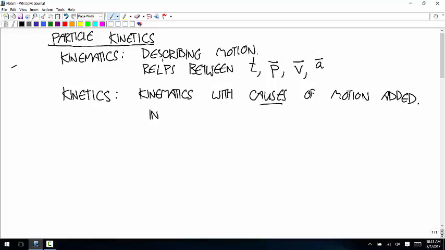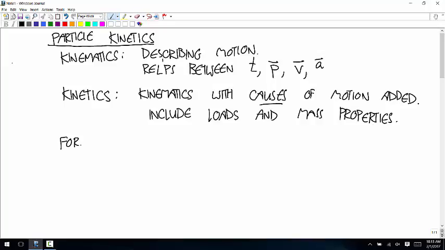So now we're going to start to include loads and mass properties. Since we're still talking about particles, there's no orientation. We're not dealing with object orientations at all.